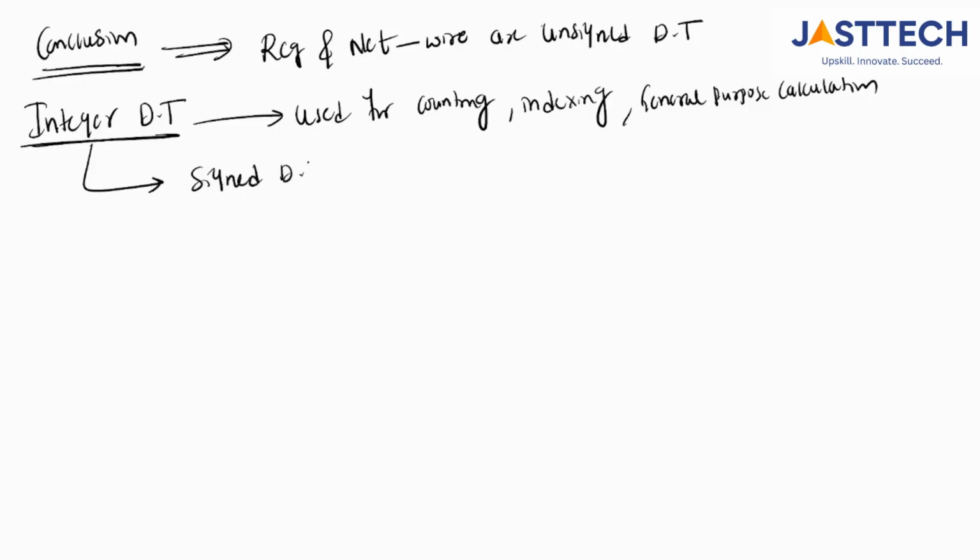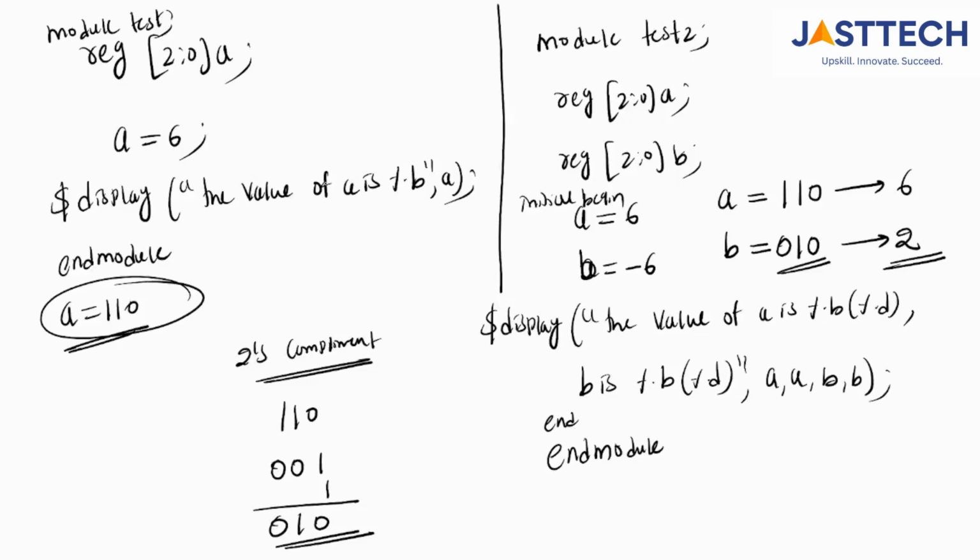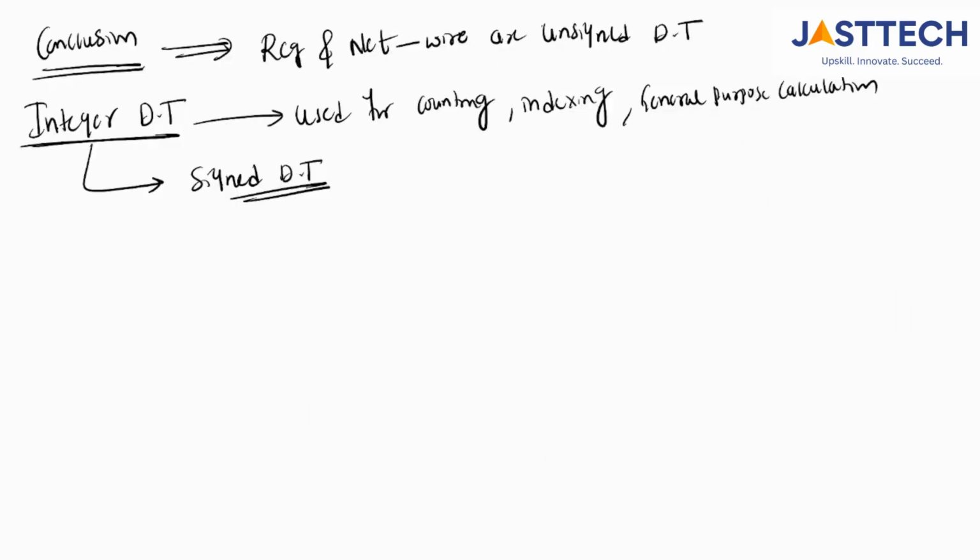In the previous code, when you declare both a and b as integer data type, it will display in decimal -6. Why? Because integer is a signed data type.